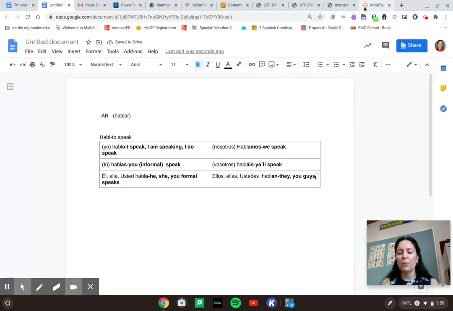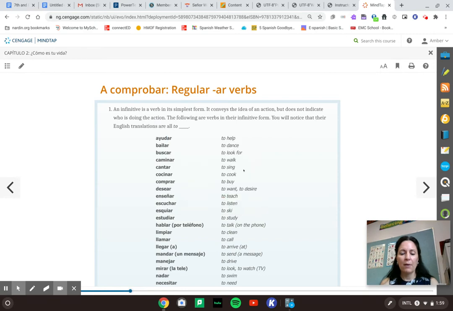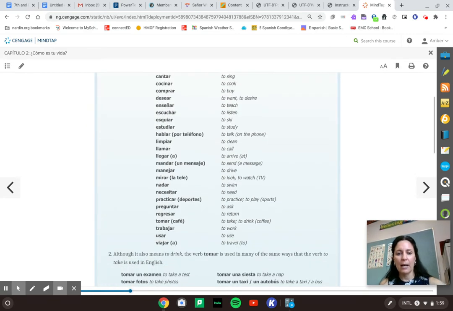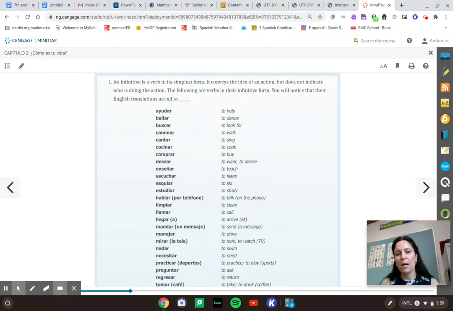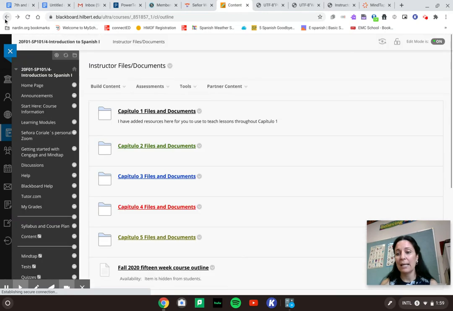So which verbs should you concentrate on for this chapter? You have all of these verbs here that end in AR. Tomar café, to drink coffee. Regresar, to return. Ayudar, bailar, to dance. So you do have to copy these down. Part of your practice for tonight on Blackboard is you're going to go and identify those verbs.